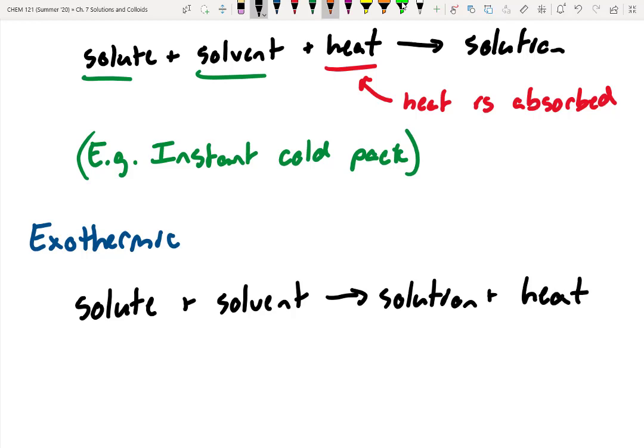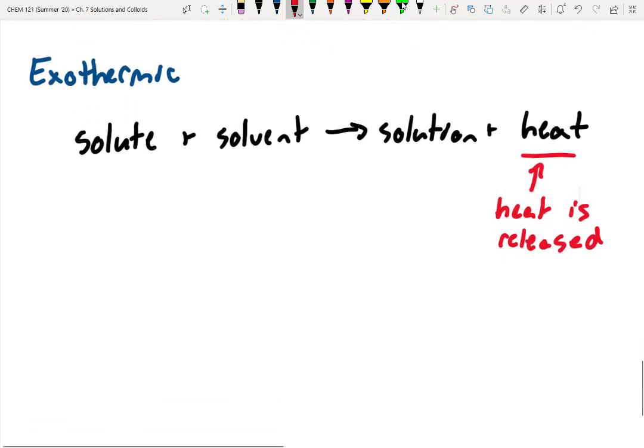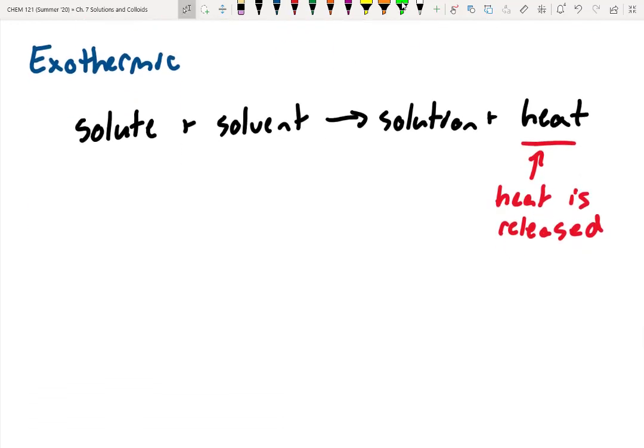So rather than absorbing heat, it means that heat is released. And you might be thinking, well, is this an example of a hot pack? Not exactly. Most hot packs aren't liquid. They're those little solid beads on the inside. But a good example of this would be mixing an acid and water or a base and water.